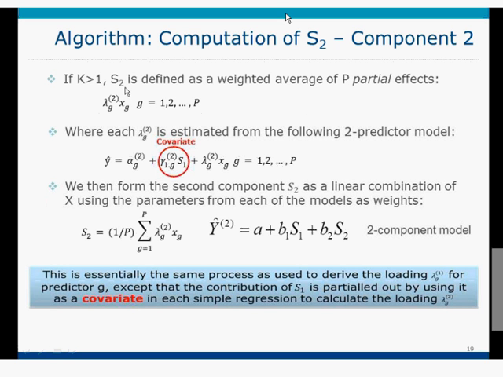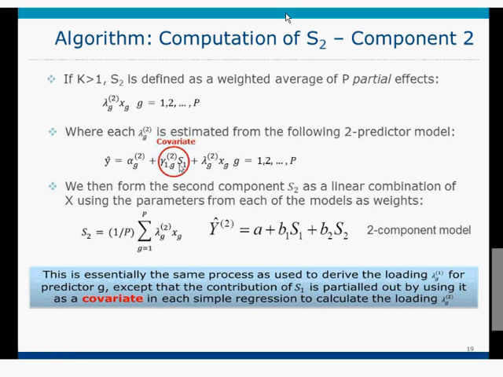How's the second component computed? Well, it's very similar to the one-component model, except to get the lambda G now, it's a partial effect, where we take S1, which we already computed. That's the first component that we computed.